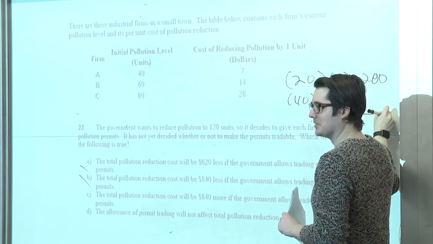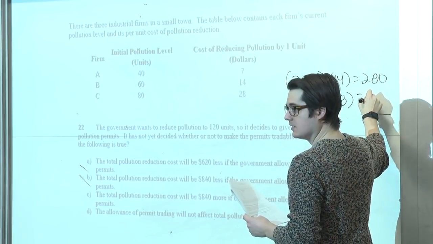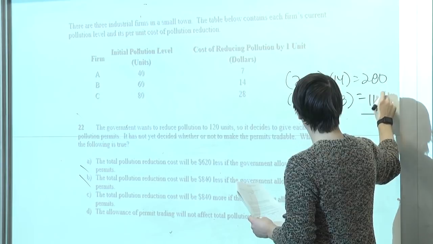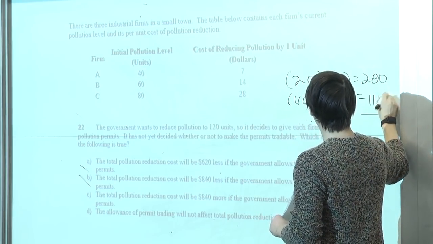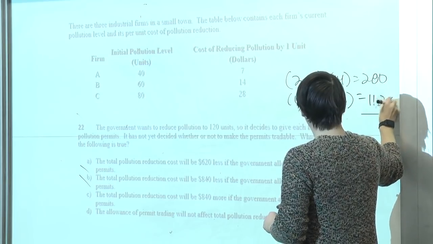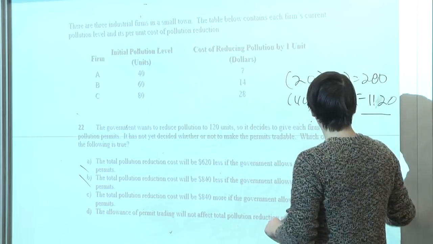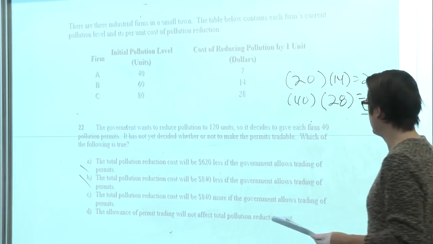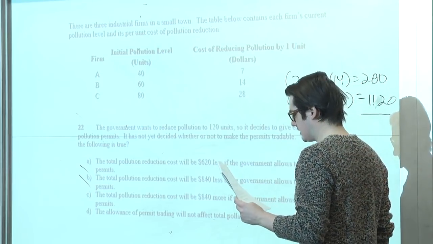Someone help me out. What does that equal? What is it? 2 zeros. Okay. So that is the total cost of reducing the pollution if we are not allowed to trade our permits.